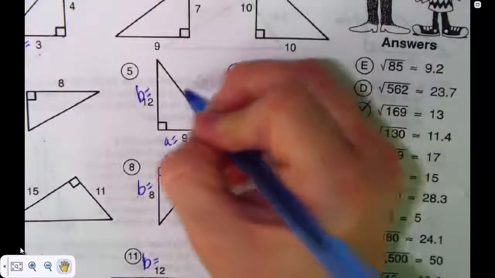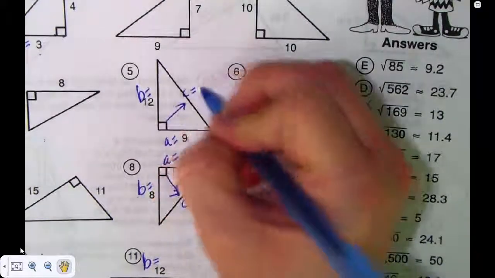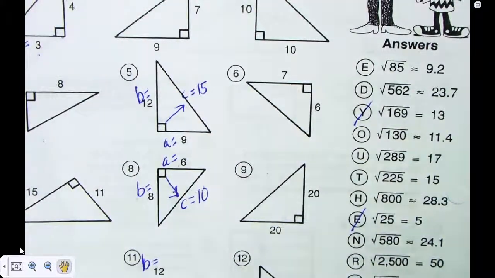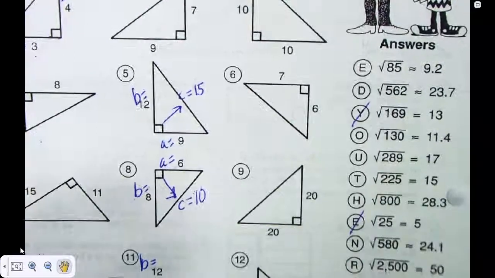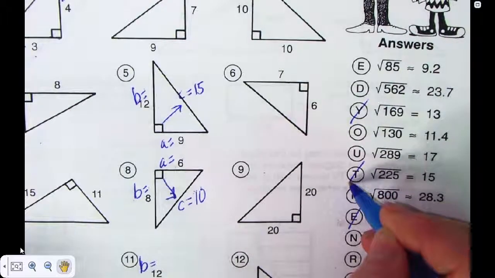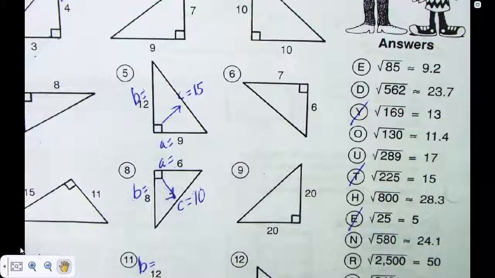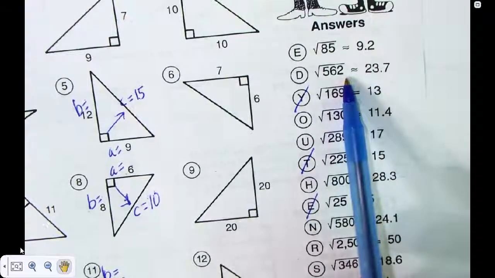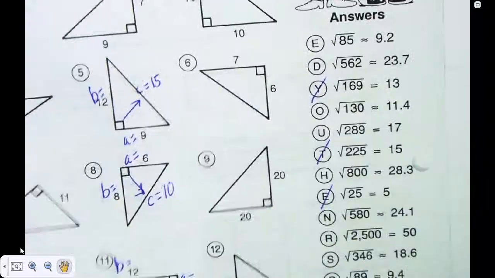B is 12. So C is going to be 15. The square root of what is 15? 225, T. So 5 is T. Yeah, it's not a code key. It's answers. When it says code key, you don't cross them off, but yeah.